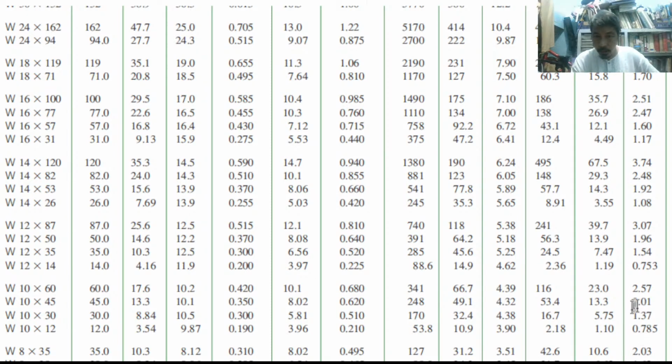Again, we are going to interpolate the value. So this is for Ry, okay?